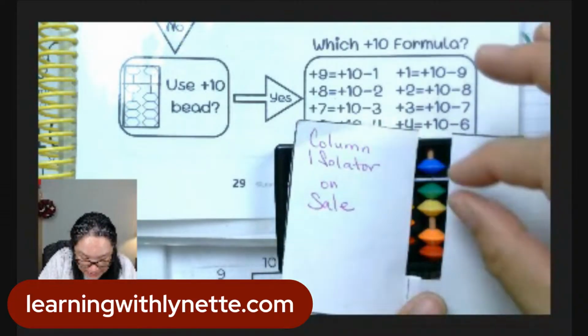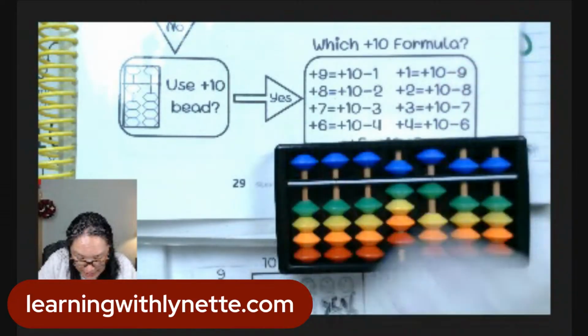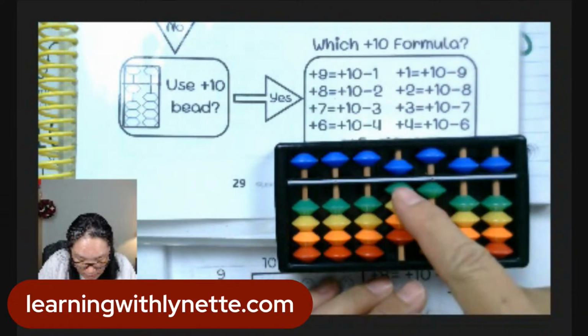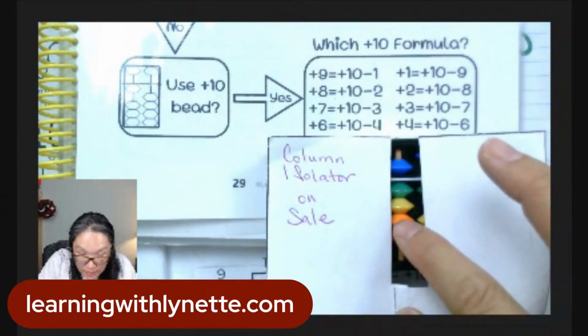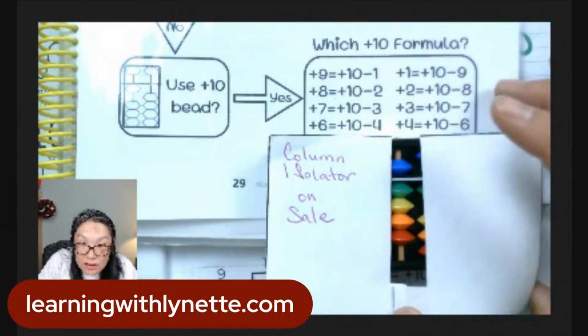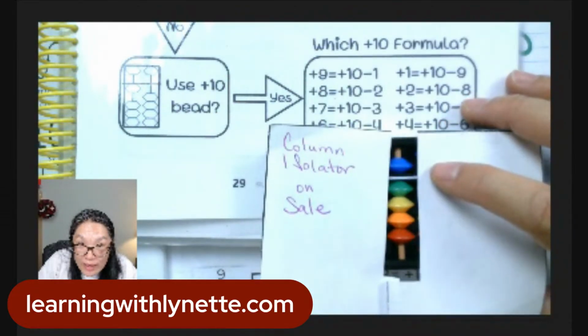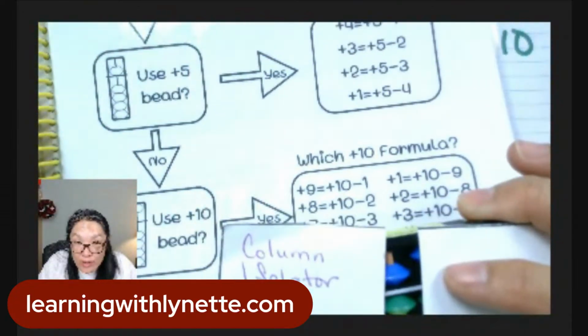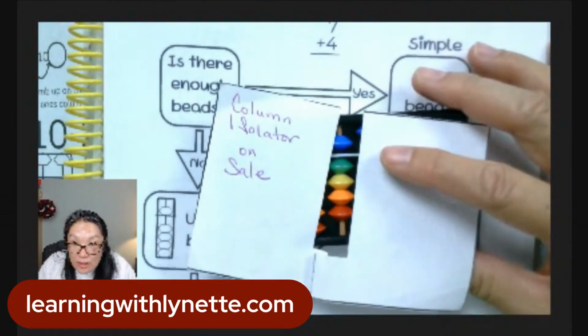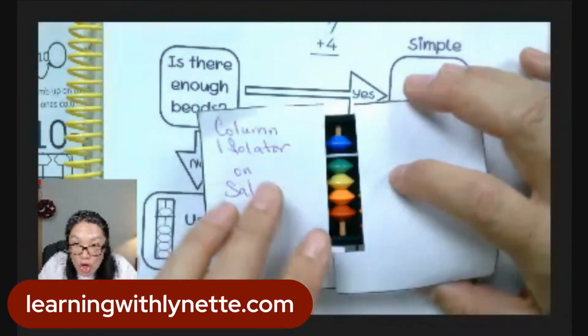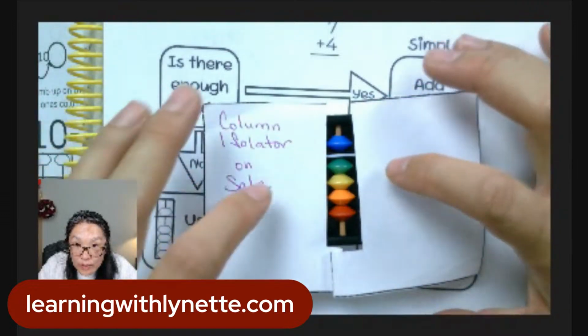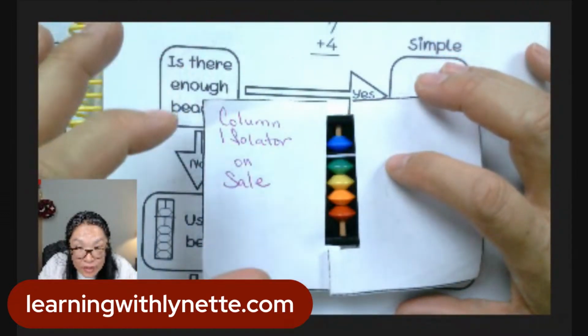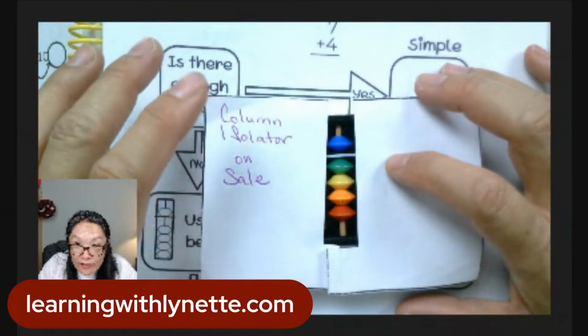So I'm going to minus the 6. I'm going to plus the 10. Remember the 10, 1, 0. Can I add the 1? No, I cannot add the 1. I got to start from the top again. Can I add the 1? No. Can I add the 5? No, I cannot add the 5.